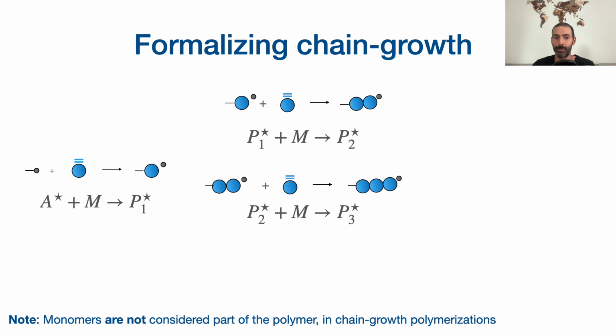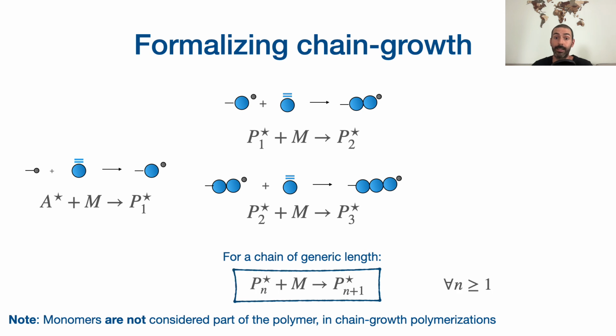Again, here we would need to write very many reactions, but again, we can use this formalism that we saw before to generalize. So we consider the generic activated polymer chain of length N, so Pn star, where again the P represents a polymer chain, the subscript N indicates the number of repeating units, and the star, the fact that it is active.